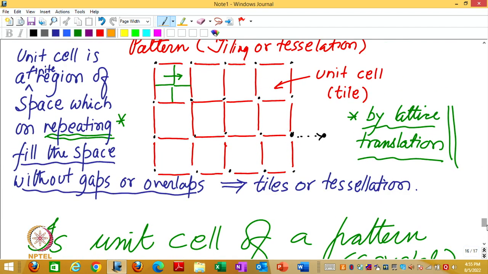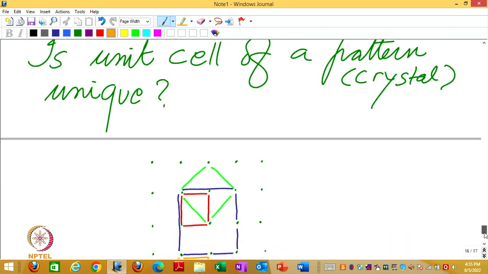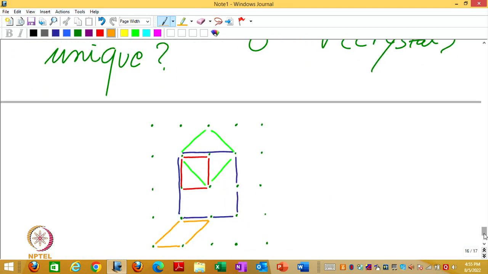Unit cell is a region of a space which by repeating by lattice translations fill the space. So, if I repeat the blue one, of course, I need to extend my lattice.